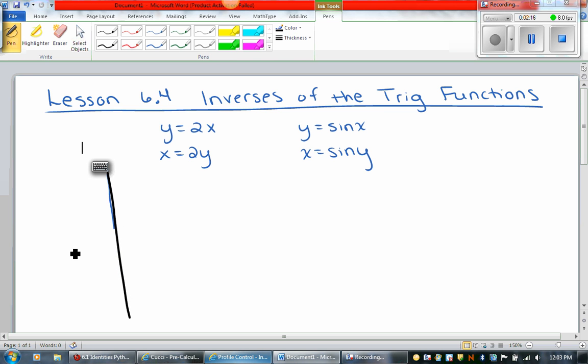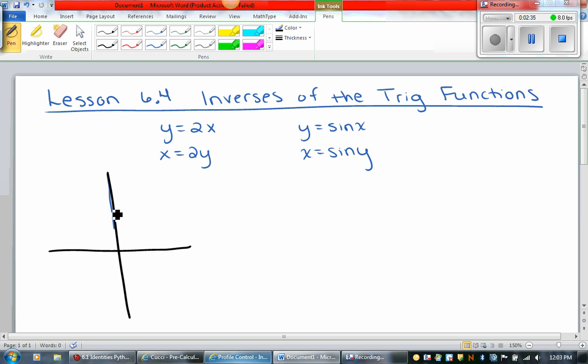Okay. So here's my axes, and normally we see along our x-axis 0, pi over 2, pi, 2 pi, and so on and so forth. And along our y, we would see 1, 2, 3, 4.